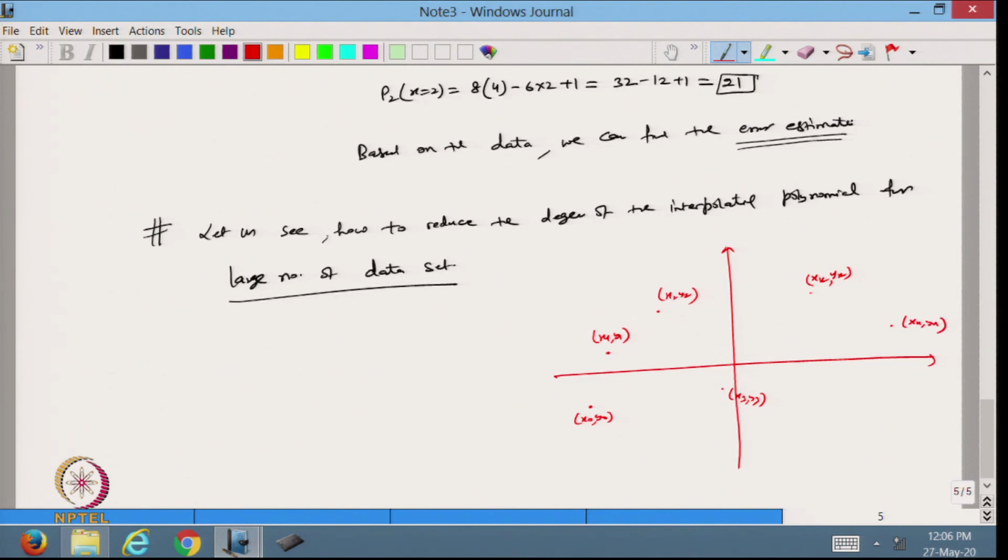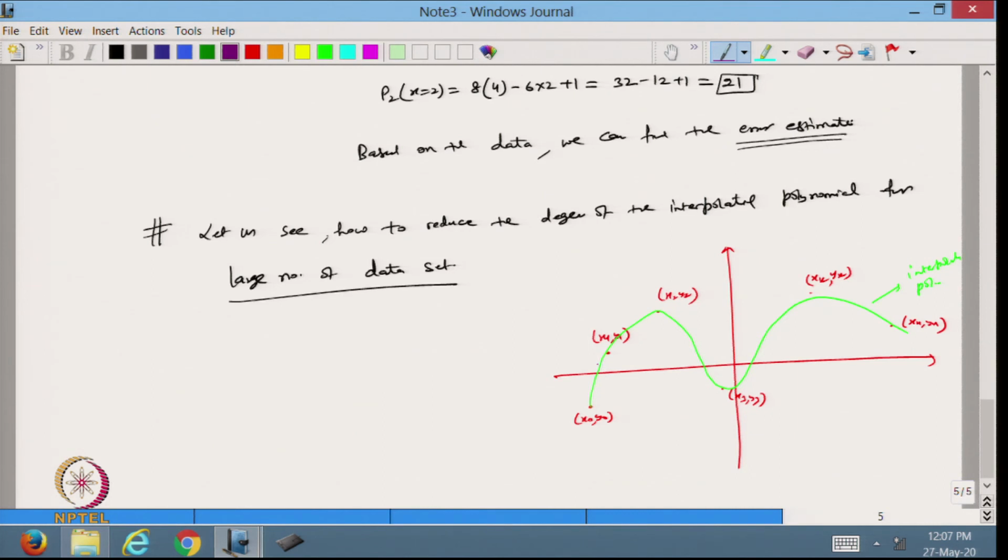Now, if I find out the interpolating polynomial, it will be like this one. So, this is my interpolating polynomial. But I do not want to apply the interpolating polynomial because the degree will be high. So, in this case I will do the piecewise approximation.